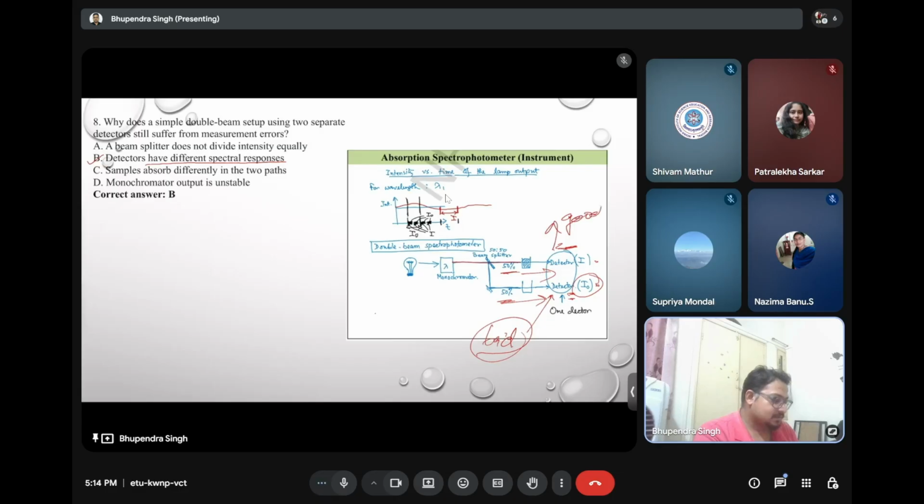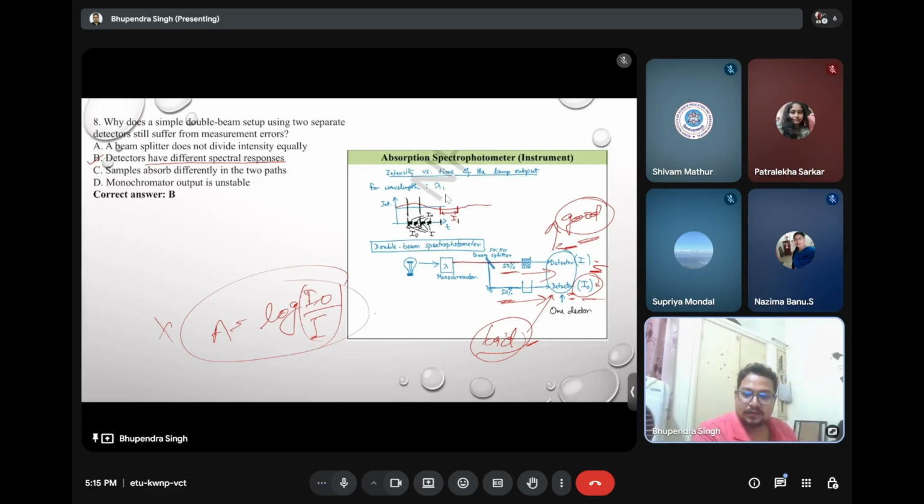Good or bad means the response is good or bad. So I0 will be less because it is not counting, even though the light is coming. So whatever absorption you calculate, absorption equals log I0 by I. Here is different, there is different, so this will always be wrong. That is why.